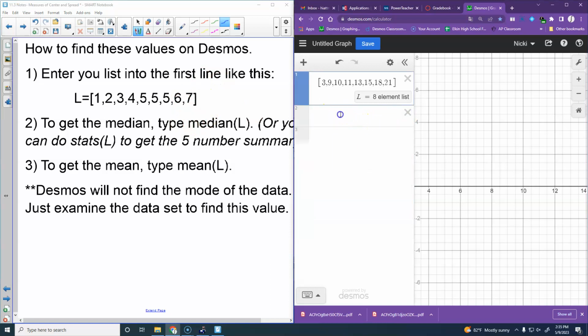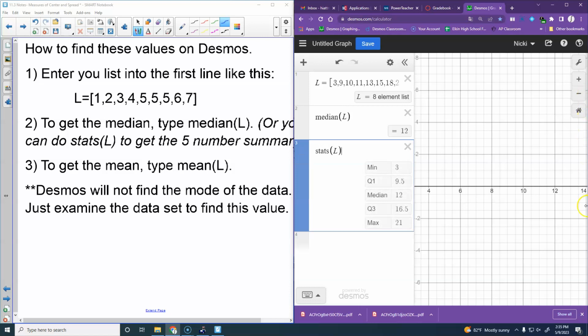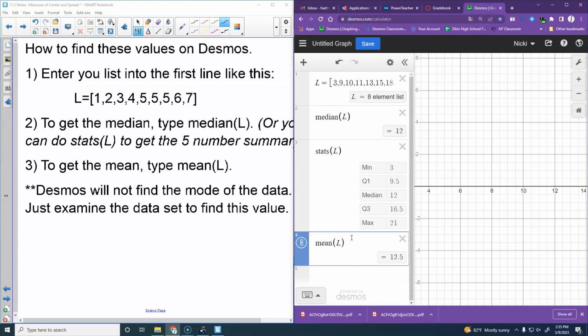You can just type median and whatever letter you're using, and it will give you the median. Or the 5-number summary does include the median. So that's another way to do it, particularly if you might need the quartiles as well. That might be helpful. Mean is super easy as well. Mean, parentheses, L, and it'll find the mean for you.